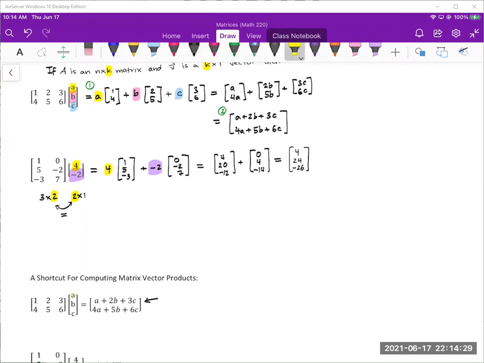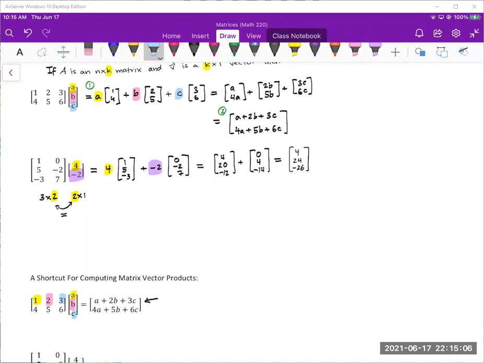We take A times 1 and we add it to B times 2 and 3 times C. Okay, so if we move one finger from left to right along this row in the matrix on the left, and we move one finger from top to bottom down the vector, we're looking at the same spots.